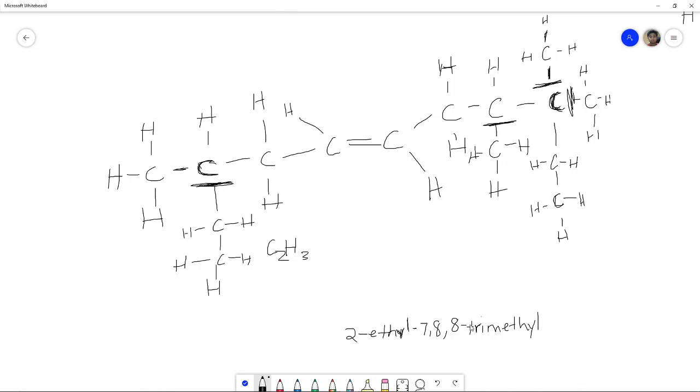The tri signifies how many methyl groups there are in the hydrocarbon. Just to reiterate, even though we have these numbers, it's better to just use trimethyl because it's mandatory and it's the proper way of writing it. So we have 2-ethyl-7,8,8-trimethyldecene. So this is the proper way of writing it, and I will end the video here.